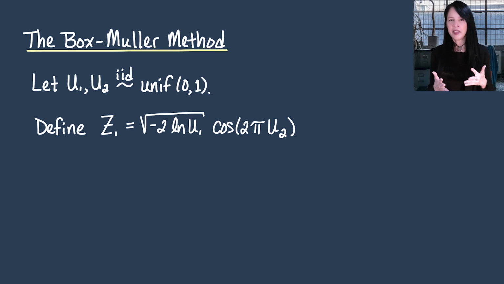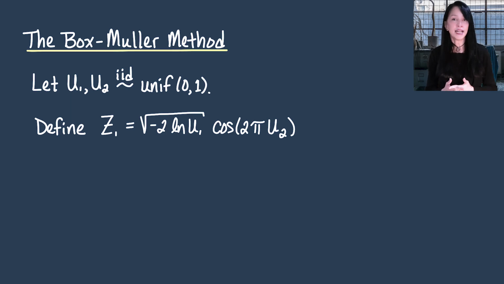Now, I claim that this is going to have a standard normal distribution, but you see that it took us two uniforms to get it. While we're at it, we can get a second standard normal random variable, or simulated value, or realization of a standard normal, by using the same uniforms.